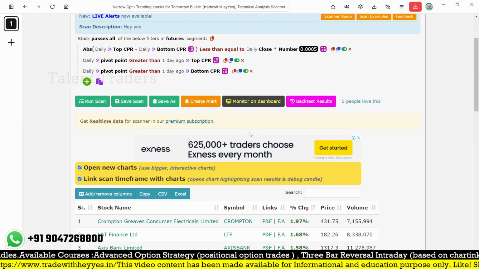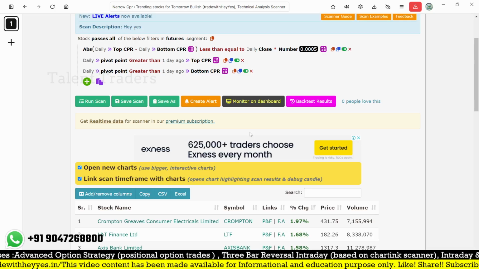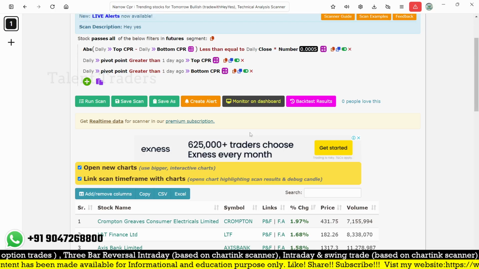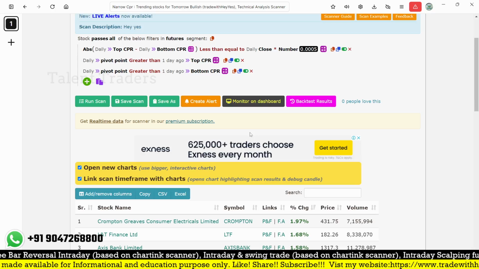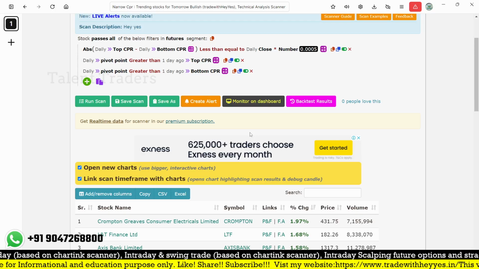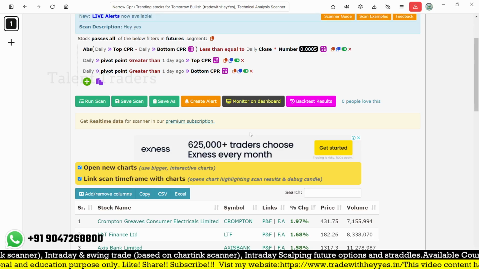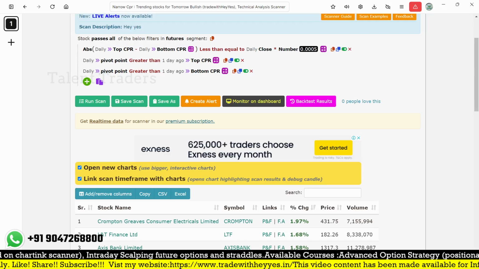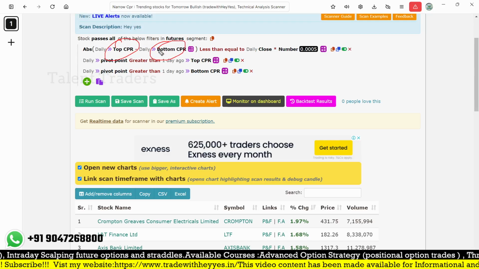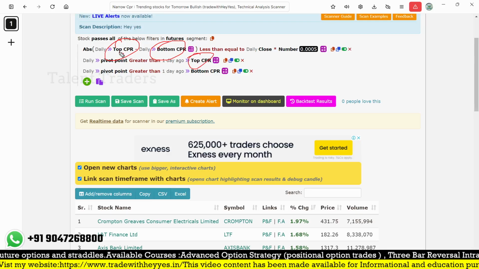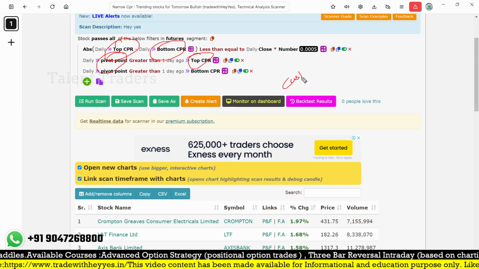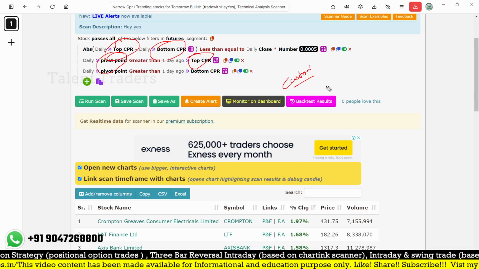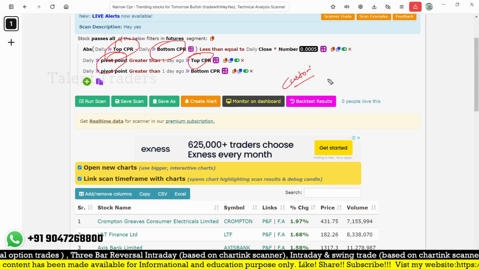Okay, so let me find stocks based on this particular narrow CPR scanner. All the indicators I used are customized ones. If you search directly in charting, those codes are not available. Here you can see top CPR, bottom CPR, and pivot point. These are custom indicators which are not available, so we have to create them, but it is possible to create such scanners.